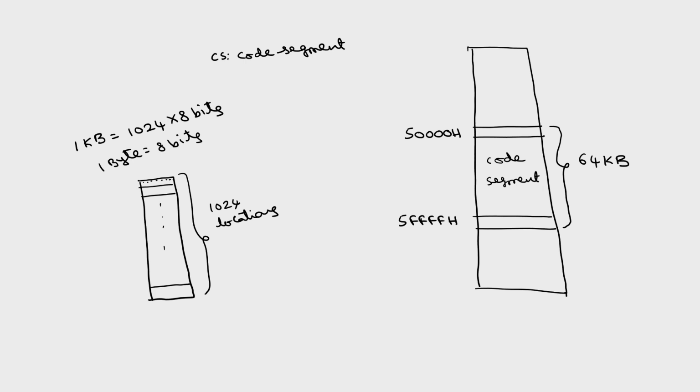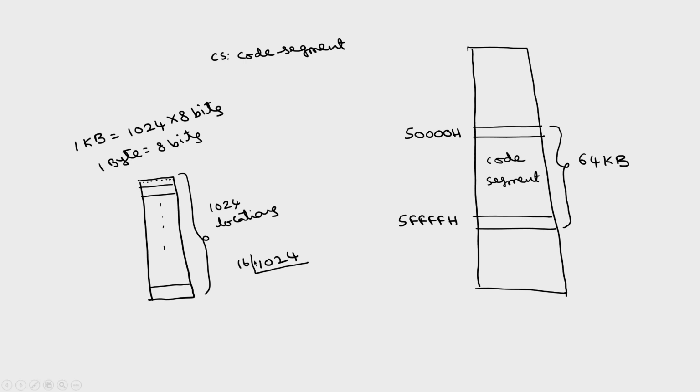Now, if I convert this 1024, which is decimal, into hexadecimal, then in order to convert a decimal number into hexadecimal, you successively divide by 16 till the quotient is 0.